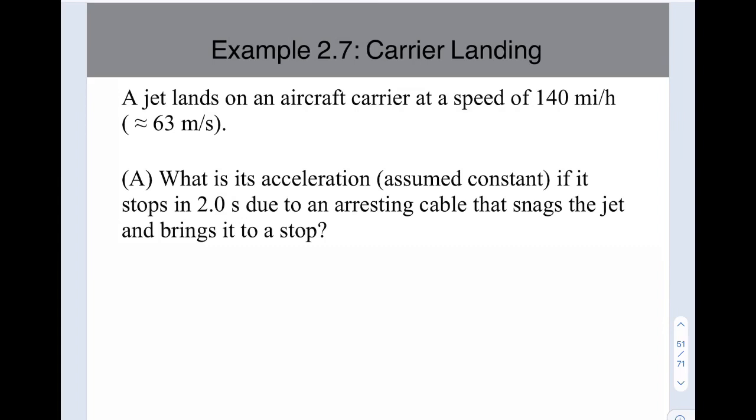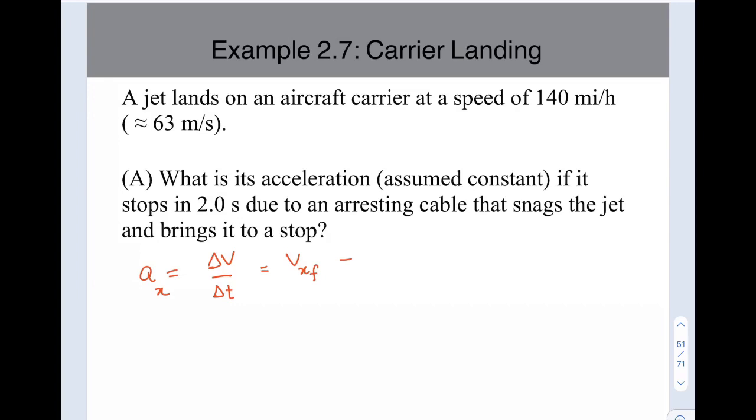Okay, so A is along X, because the jet is moving along the X axis. A is actually delta V over delta T, which is Vx.